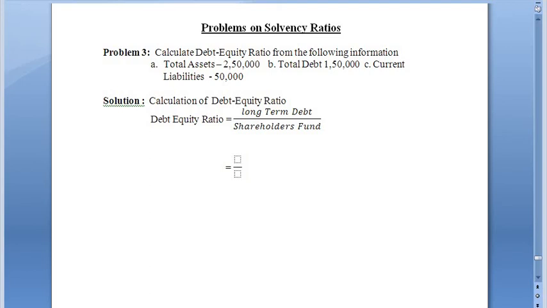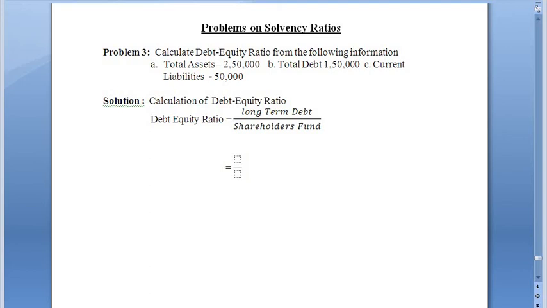It helps us measure the firm's debt in the business organization, that is, the proportion between external long-term liabilities and internal long-term funds. How much capital is borrowed through long-term external sources as well as through shareholders fund.